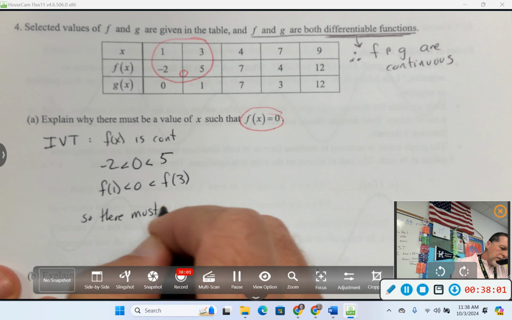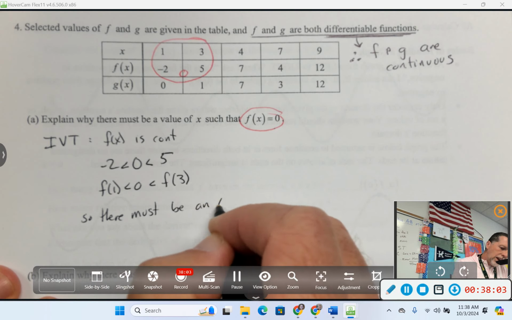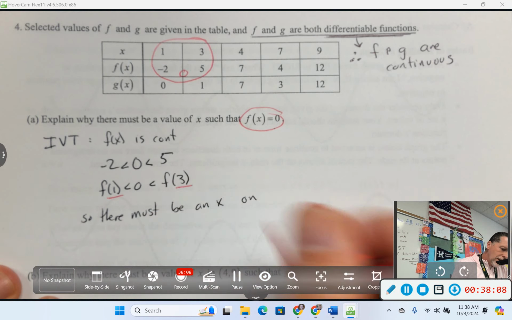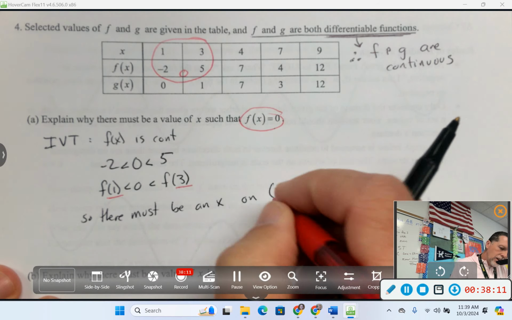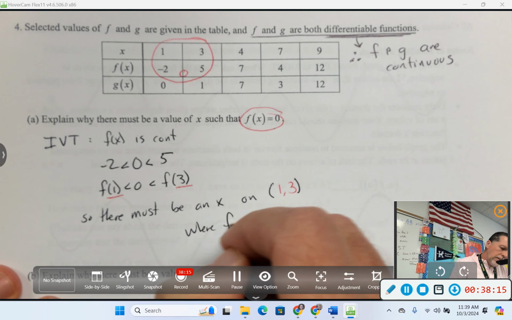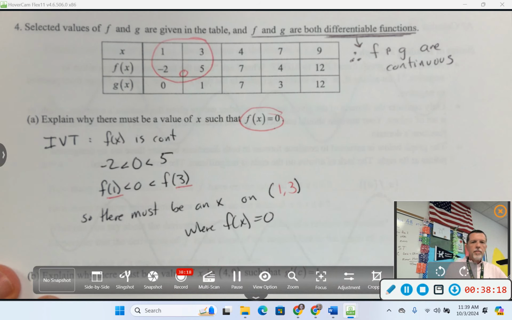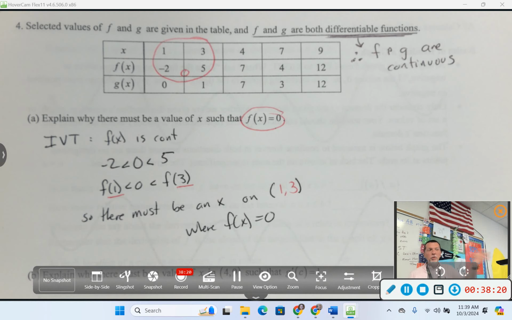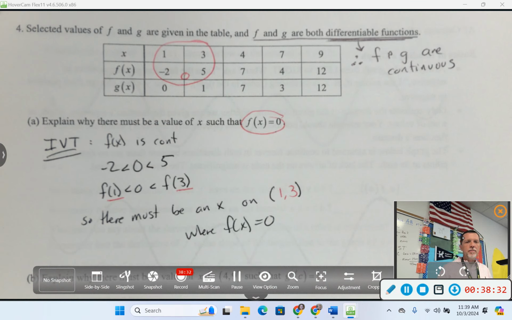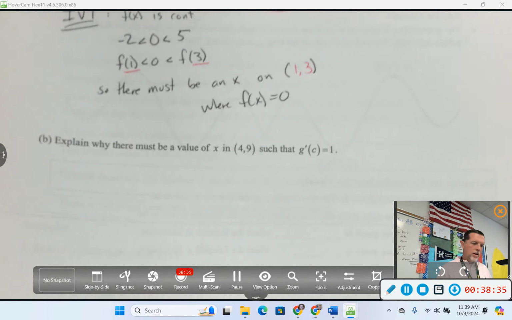So there must be an x on 1 to 3 where f of x equals 0. Which is what you said from the very beginning. You're like, it's got to be in between 1 and 3. Yes, now put the appropriate calculus behind that to show that. All right, so all of that was an IVT problem, just making sure we're on our toes there.